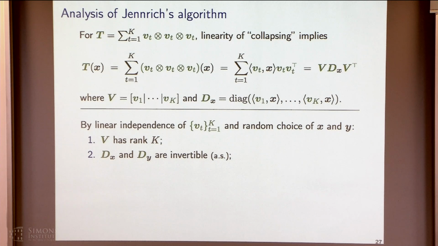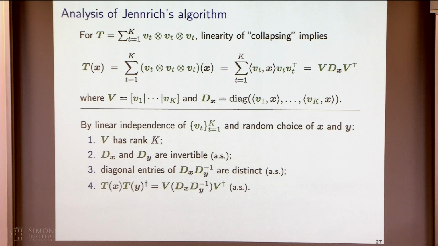These inner products are not going to be 0. None of these inner products will be 0. So both of these matrices are invertible. In particular, we can invert D_y, and then if you look at D_x times the inverse of D_y, this is a little bit not as obvious, but it's also true that the diagonal entries of this matrix will all be distinct, because the chance that any two of them are the same is a measure of 0, has probability 0.